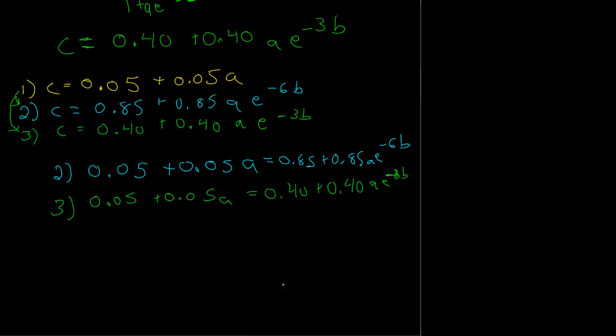Well, I'm going to clean these up, and I'm going to try to separate A from B and my constants. So the thing I note is I have a constant here and a constant here, and a is in both of these terms. So I'm going to bring the a terms together on the left-hand side. So 0.05a minus 0.85a e to the negative 6b.